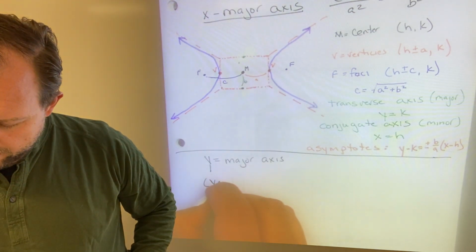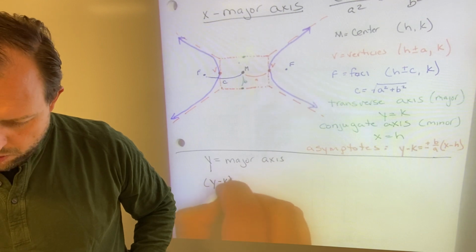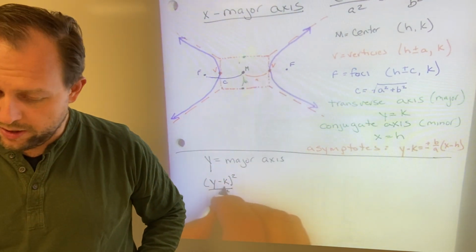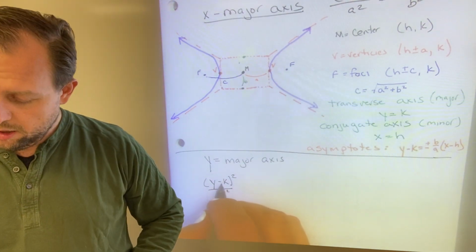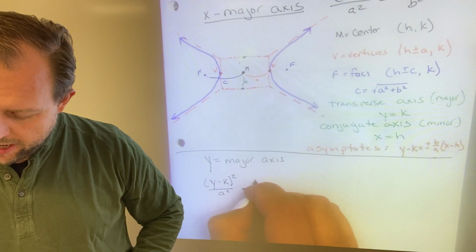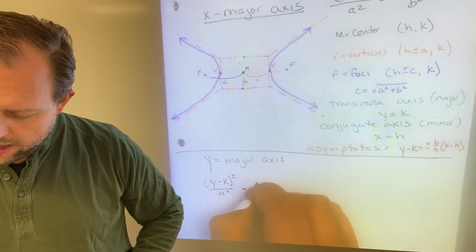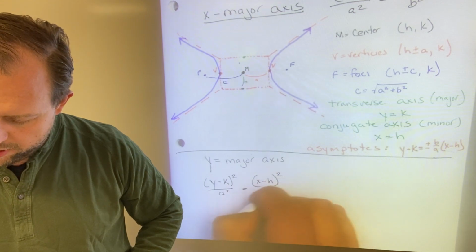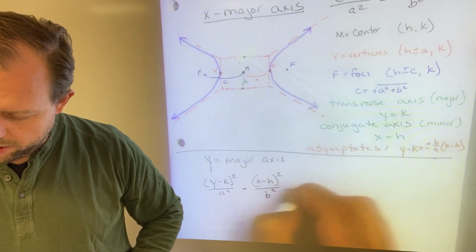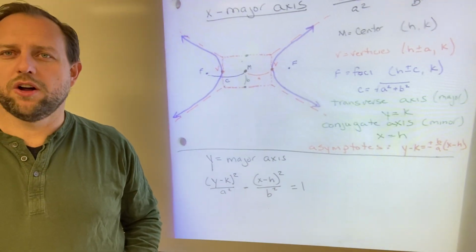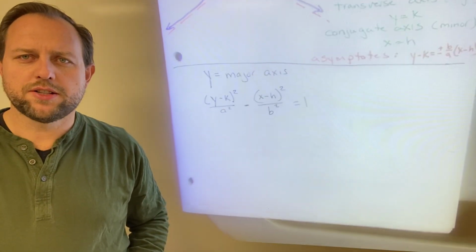It's going to be y minus k quantity squared over a squared. So the a squared is now with the y, but the negative one is the x minus h quantity squared over b squared equals 1.